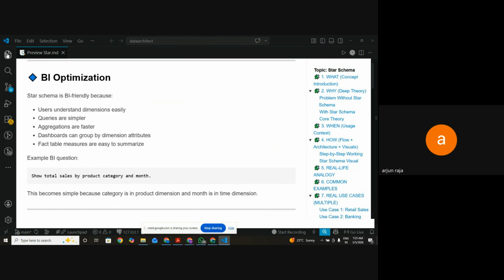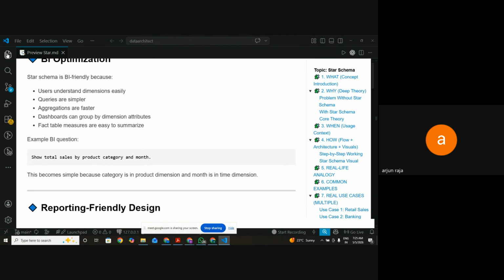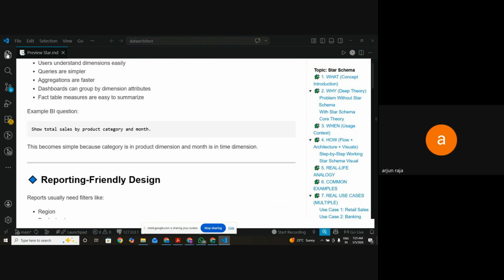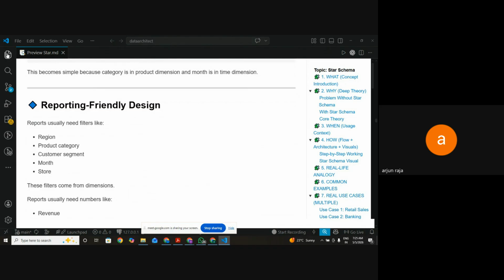Queries are simpler, aggregations are faster, dashboards can group by dimension attributes, fact table measures are easy to summarize. Show total sales by product category and month. This becomes simple because category is in the product dimension and month is in the time dimension.